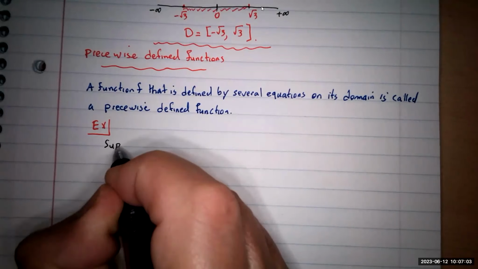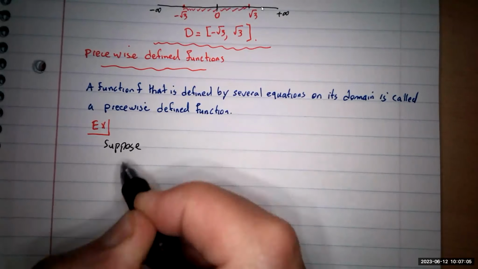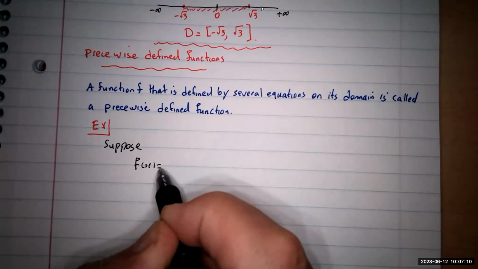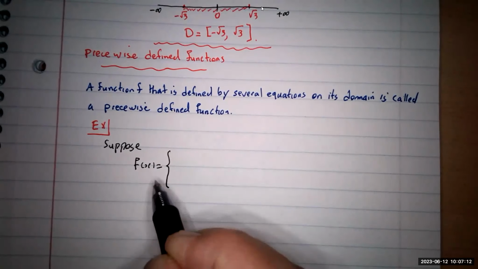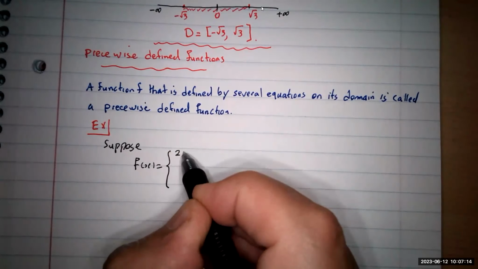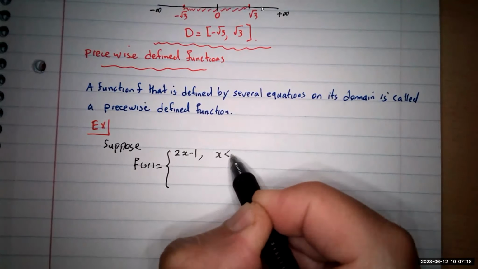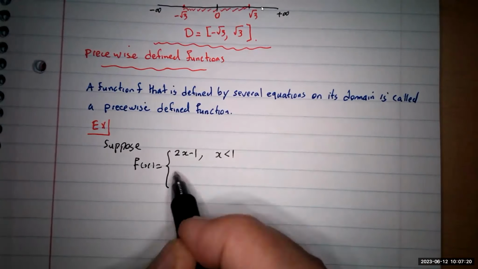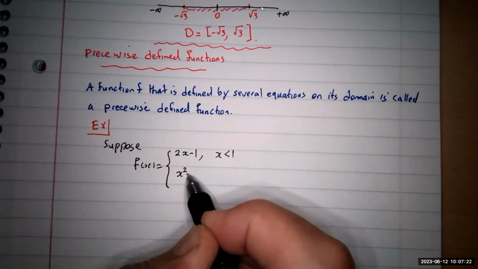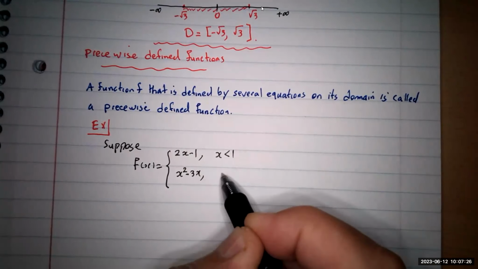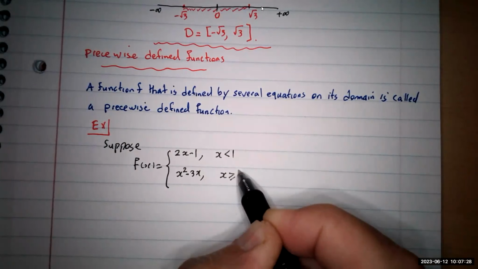Suppose this is going to be your function. F of x is equal to 2x minus 1 when x is less than 1. And that would be x squared minus 3x when x is greater than or equal to 1.